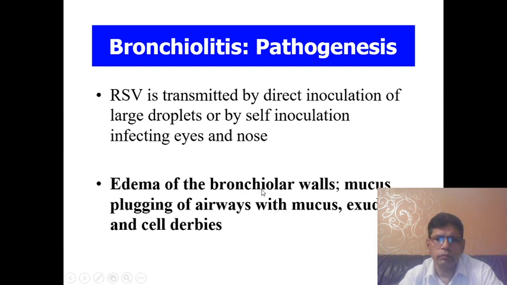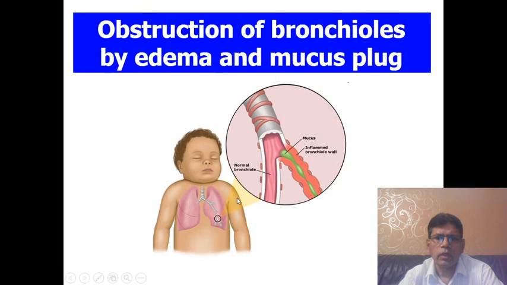There is edema of the bronchial walls and plugging of the airways with mucus, exudates and cell debris, causing obstruction of the bronchioles. You see, there is edema of the bronchial wall and plugging of the airway by mucus and cell debris exudate.